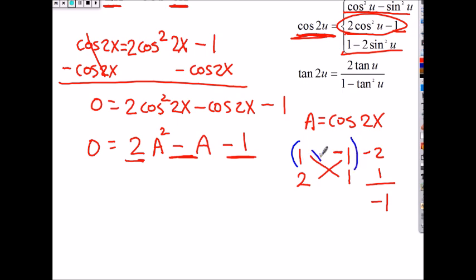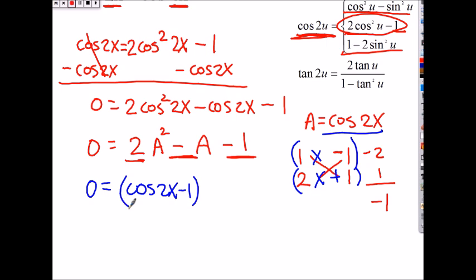Here's 1a minus 1, 2a plus 1. I mean, for this case, it should be a's. Okay? So 0 equals a minus 1, which will be cosine of 2x minus 1, and 2a plus 1, 2 cosine of 2x plus 1.